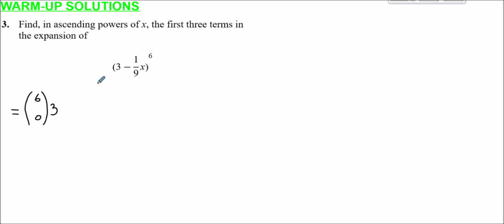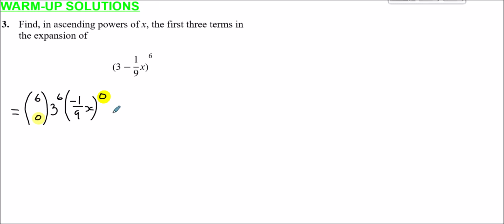The first term, which is 3 to the power 6, which again is the same as the power it's being raised to. And the final thing is not going to feature at first, so this is going to be to the power 0. Now, like I mentioned before, the power of the second thing in the bracket will always match the number at the bottom of the n choose r function.